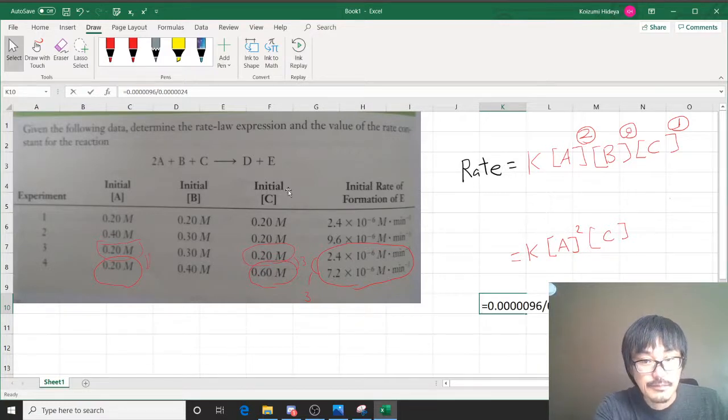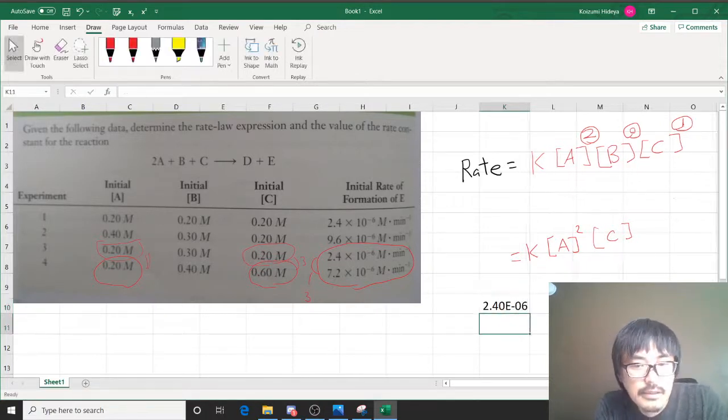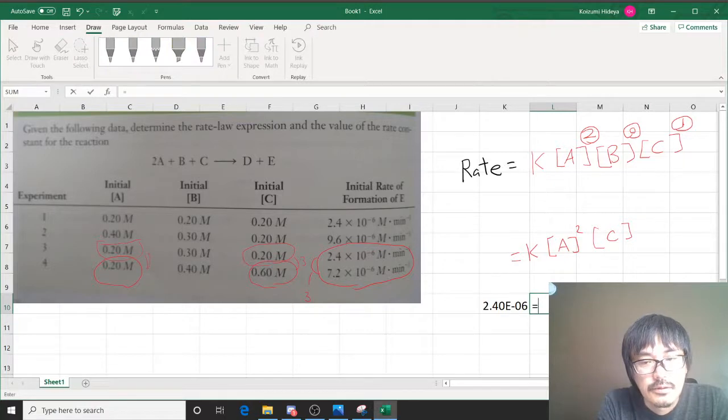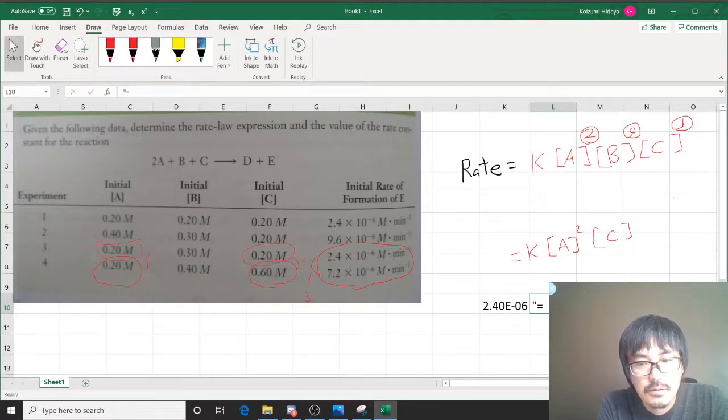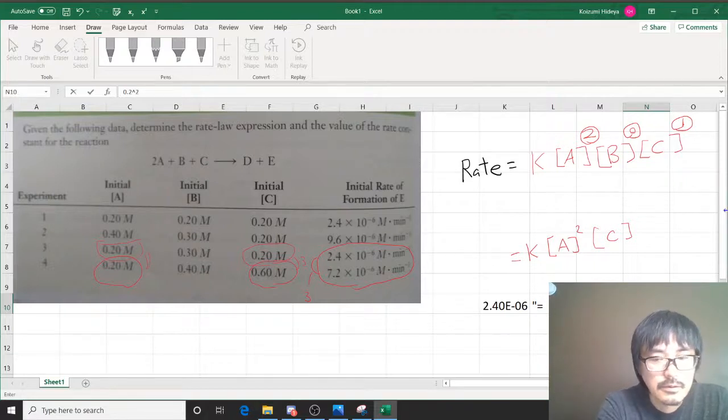The rate expression applies to each one of these, so I'm going to take condition 1 right here: 2.4 e to the negative 6 is equal to K times 0.2 to the power of 2 multiplied by 0.2.